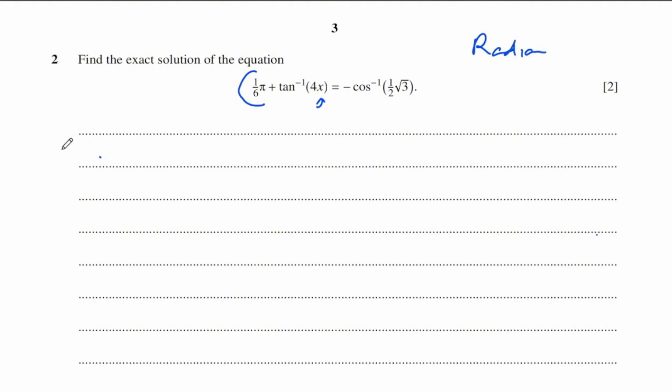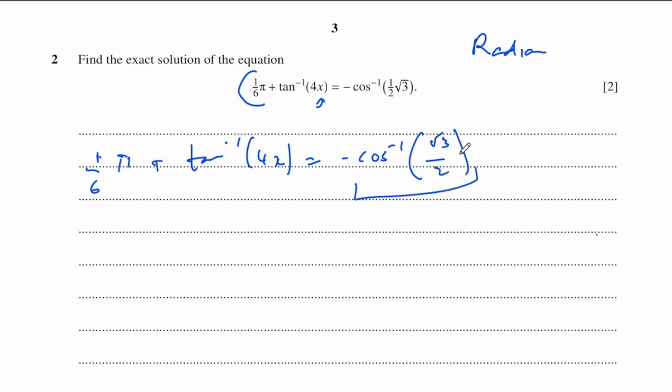We are dealing with radians and not degrees, so 1 over 6 pi plus tan inverse of 4x equals negative cos inverse of root 3 over 2, and we can just do this straight away, and cos inverse of root 3 over 2 will give us pi over 6, so because of the negative it is going to be negative pi over 6, and so we have pi over 6 here plus tan inverse of 4x equals negative pi over 6 here as well. Sorry, this is negative pi over 6.